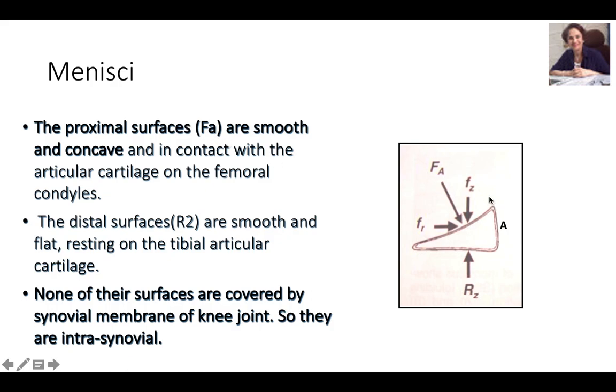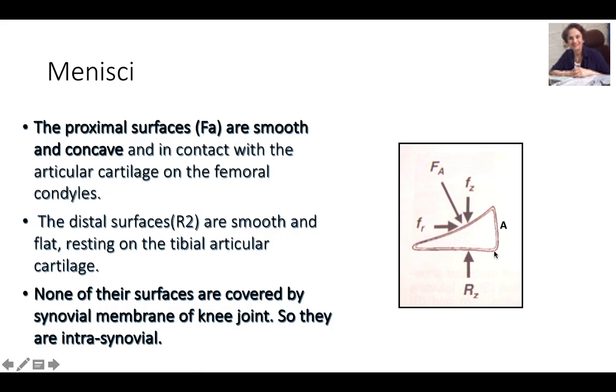Why are they concave? Because they have to fit into the convexity of the femoral condyle, and because of this concavity they join the depth of the knee joint. Not only that, it also makes femur and the tibial surface congruent to each other, and that is why it gives more stability to the joint.